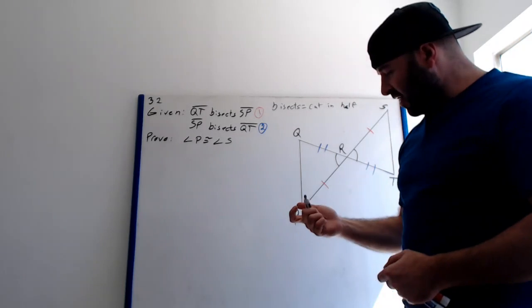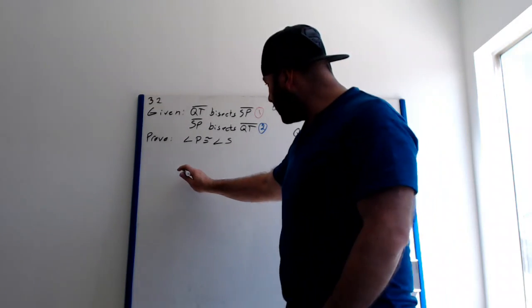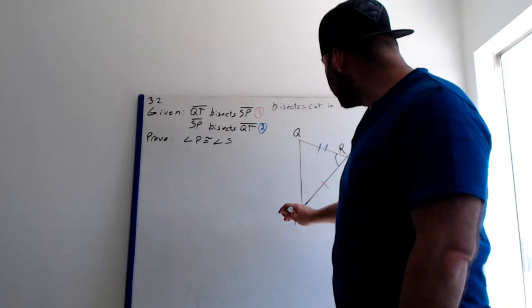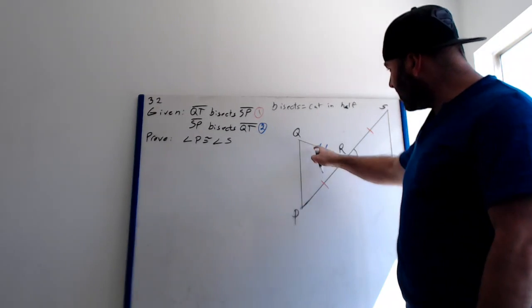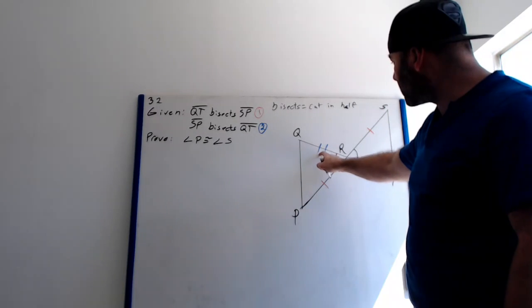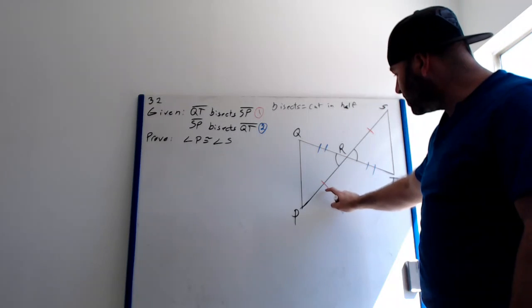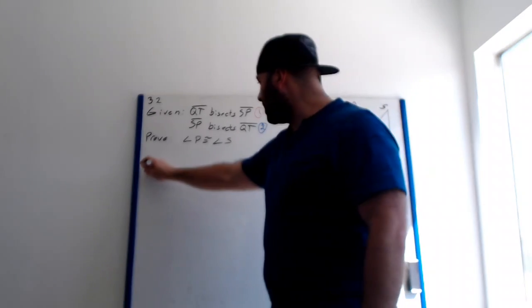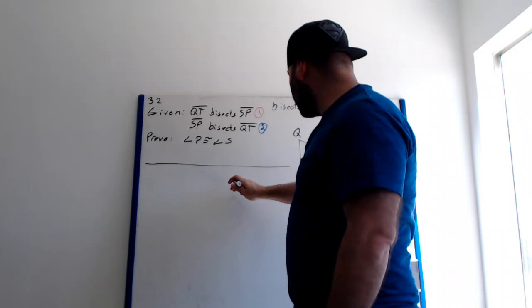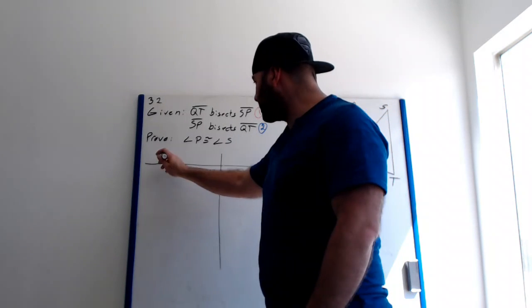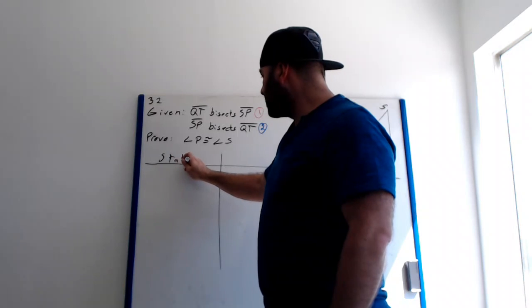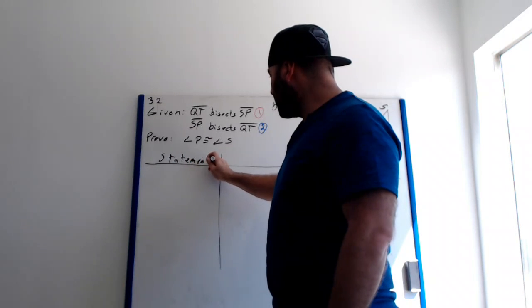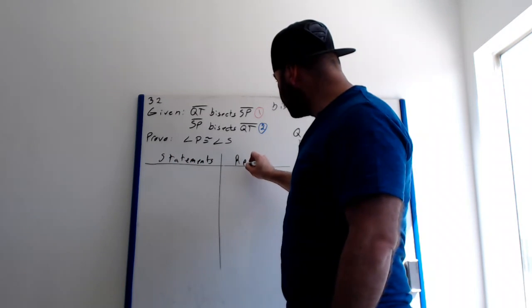Okay? So now if we go through and we write out our proof, we can then say that the two triangles are congruent by side, angle, side. So if we start writing out our proof, we have our statements and our reasons.